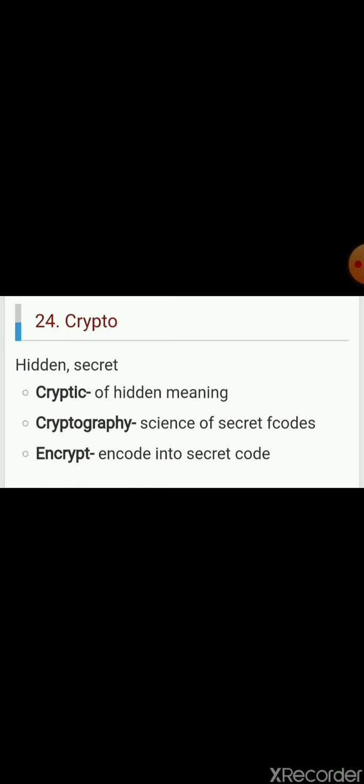Cryptography, science of secret codes. Encrypt, encode into secret code. When you send a message through WhatsApp, they give the encryption. Encryption means hiding. They are keeping your messages in some codes. It is stored in the system but in different codes.